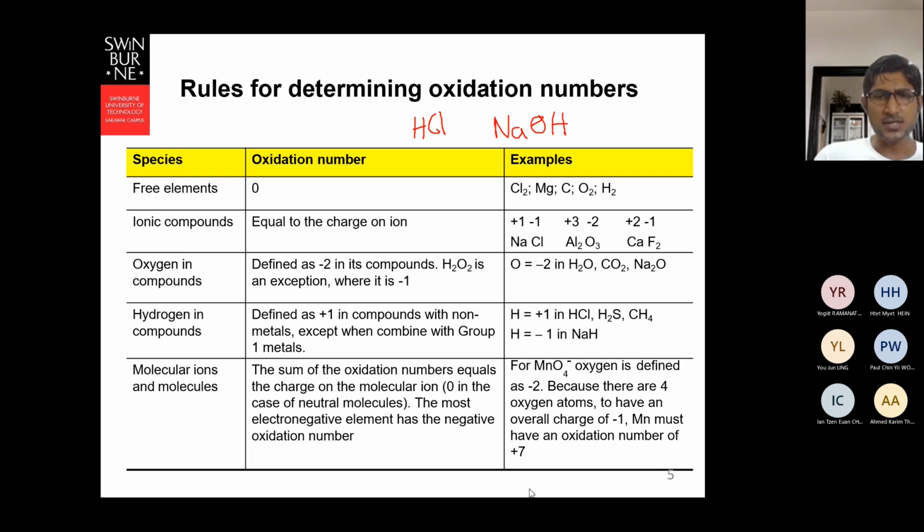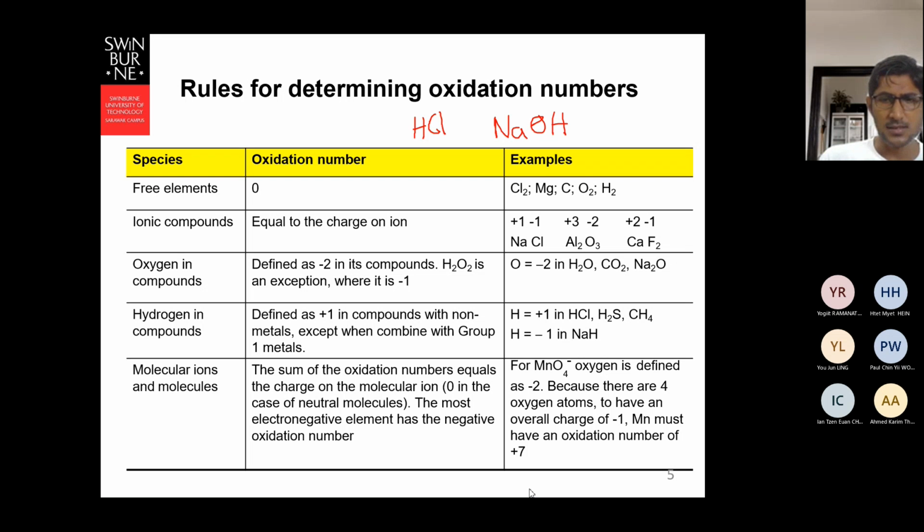The sum of the oxidation numbers equals the charge of the molecule or ion. For a neutral molecule, that is 0. Just now, before I started, I said that HCl is 0, sodium hydroxide is 0 as well. But for a charged ion, like permanganate, manganese tetroxide, it is charged.